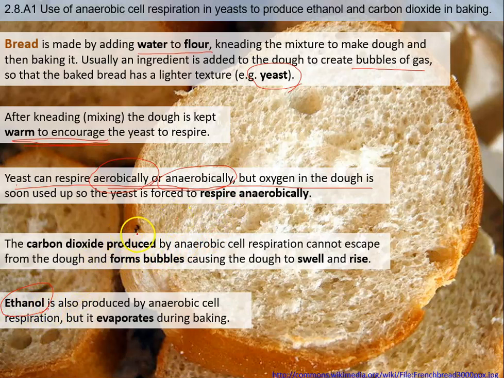So the carbon dioxide inside the bread cannot escape, so that's why the carbon dioxide in the bread forms the bubbles, and it causes the dough to swell and rise, and that's what you see after putting it like 30 or 40 minutes inside the oven, then the dough starts to swell out, because of the release of the carbon dioxide inside.